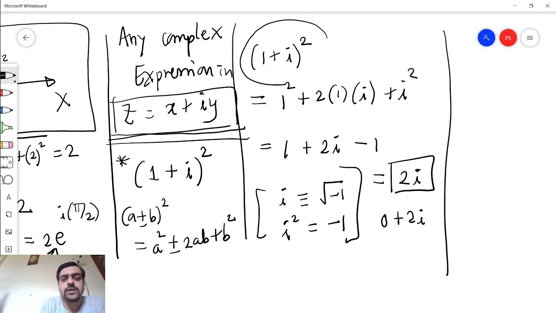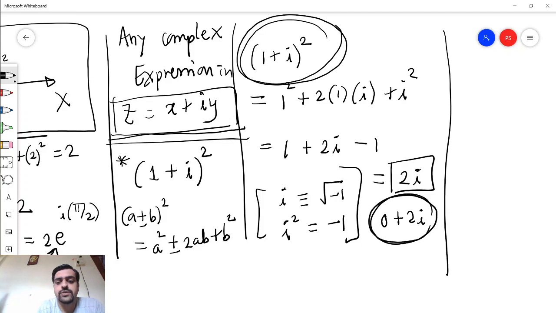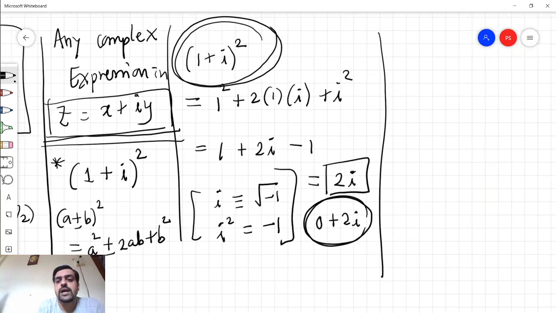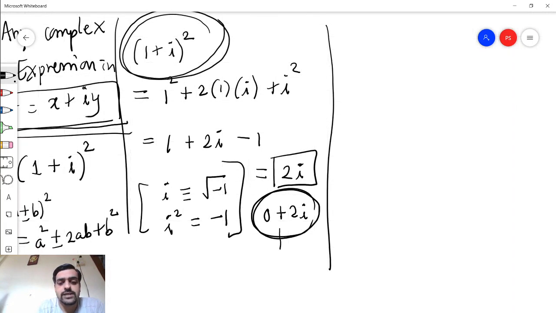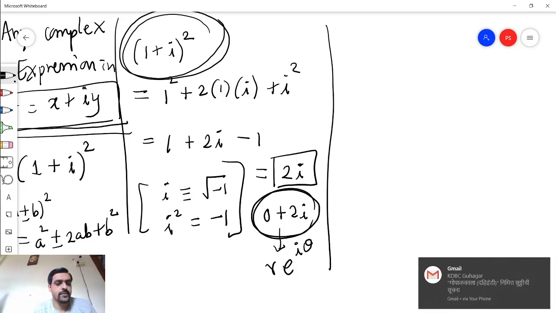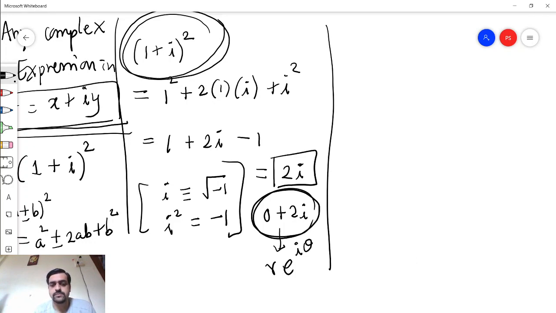So in principle, any complex expression can be always simplified to the x plus iy form, and further this can also be converted into the polar form r e raised to i theta. We can also try doing that.